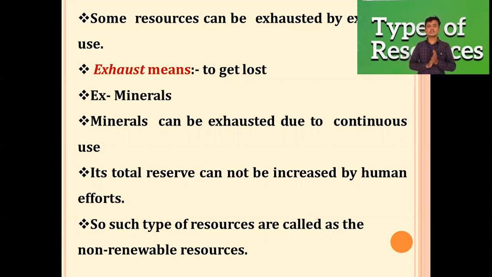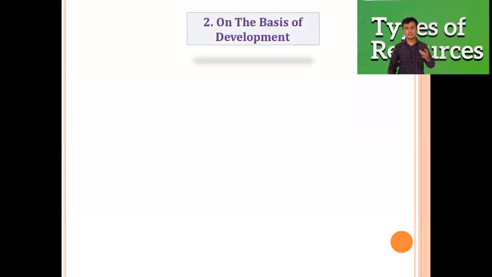So their total reserve cannot be increased by human effort if you are using them continuously, fossil fuel for example. So there can be a shortage in the future. That's why the price of fossil fuel is increasing day by day, because there is a shortage. So these are known as non-renewable resources.